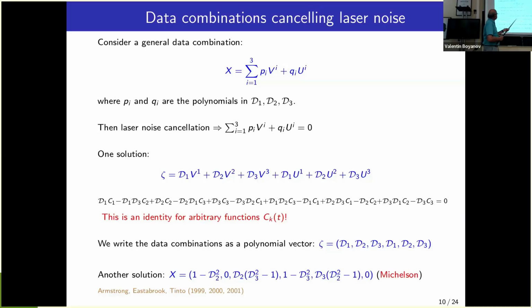But this is not so useful for detecting gravitational waves because this really cancels it away. It's too symmetric. It partially cancels the signal, but it is still useful if you want to look at instrumental noise only.